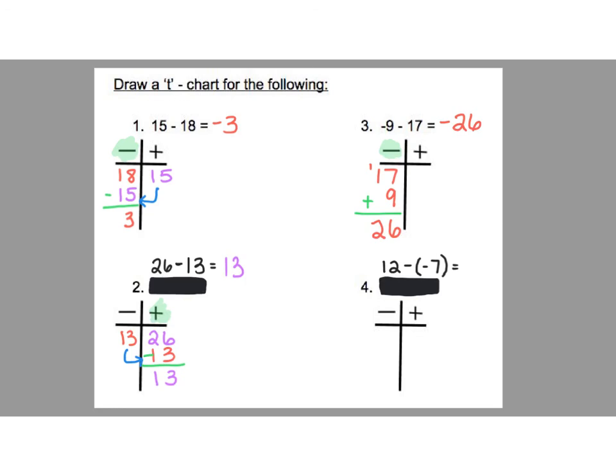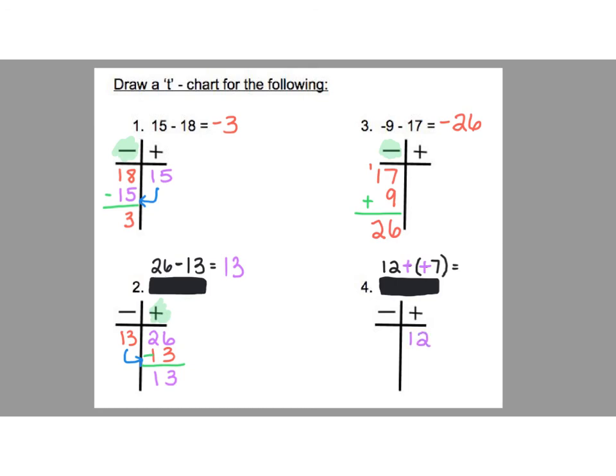In my last guided practice problem, I see 12 minus negative 7. I see the subtraction sign and the negative sign in my second number next to each other. So first I have to change both of these signs to be positive. So now I have 12 plus positive 7. The 12 is positive, so I'm going to put it on the right-hand side of my T-chart.